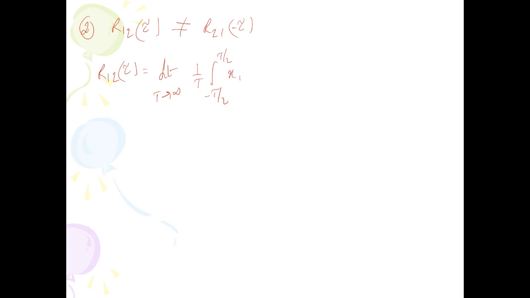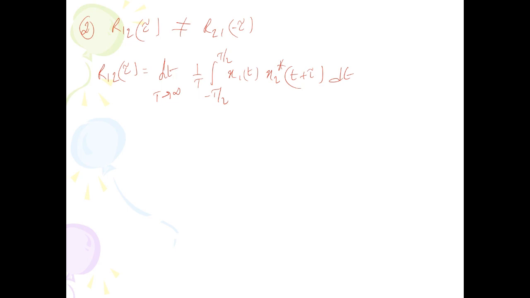Coming to the next property, R12 of tau is not equal to R21 of minus tau, unless correlation convolution is commutative here. So R12 of tau is equal to limit T tends to infinity 1 by T integral minus T by 2 to T by 2 x1 of t x2 star of t plus tau dt.